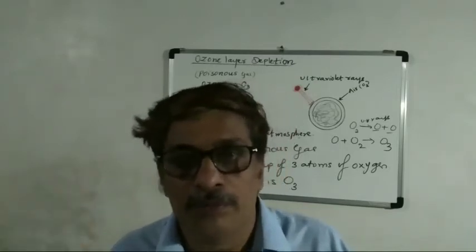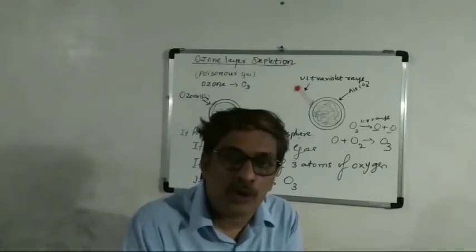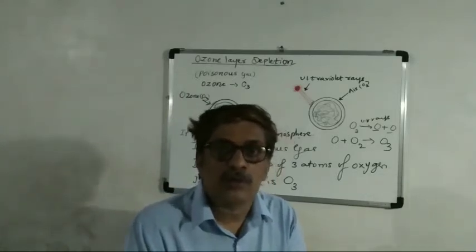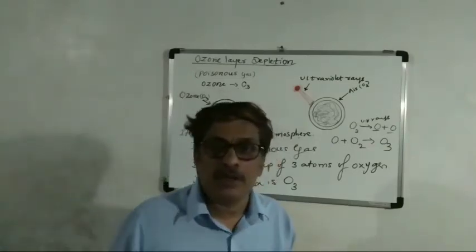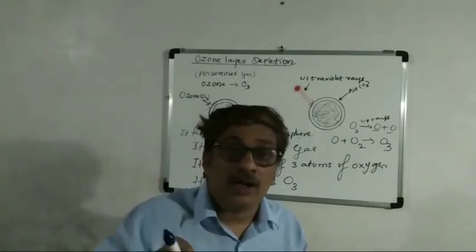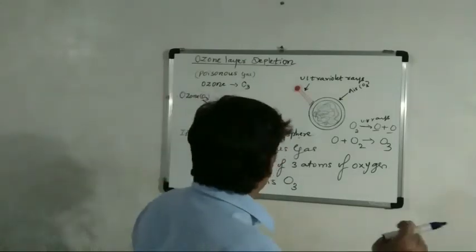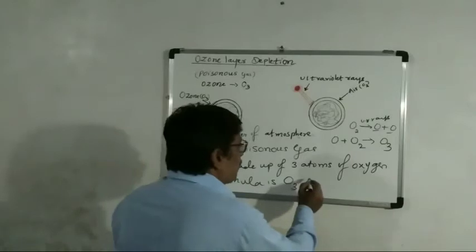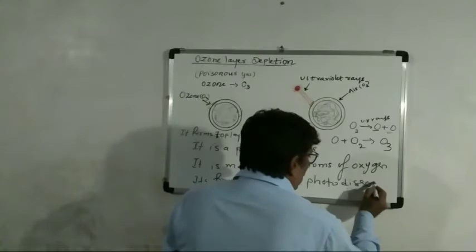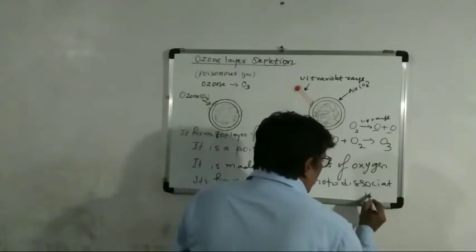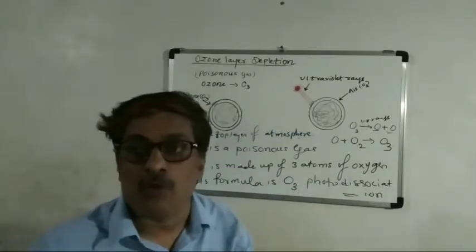Ozone is formed when an oxygen molecule absorbs ultraviolet photons and undergoes a chemical reaction that is called photodissociation. In this way, ozone is formed.